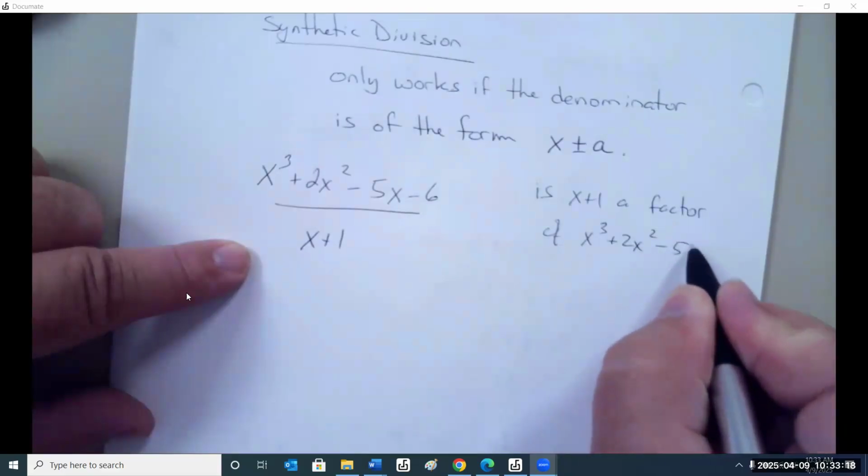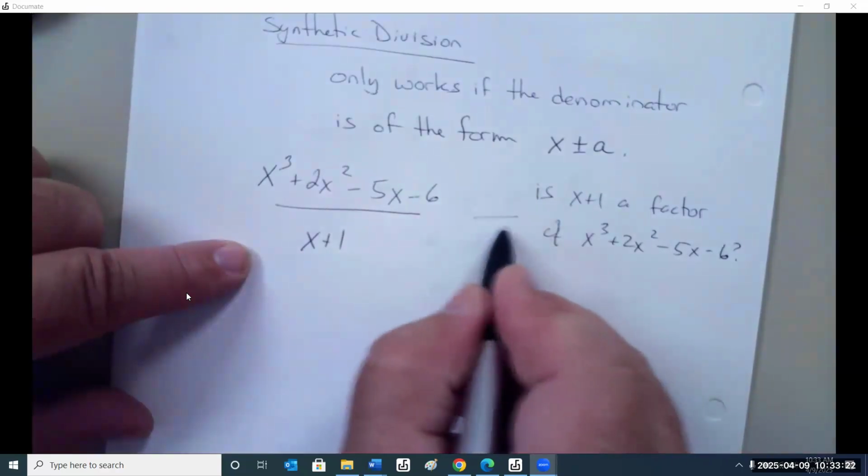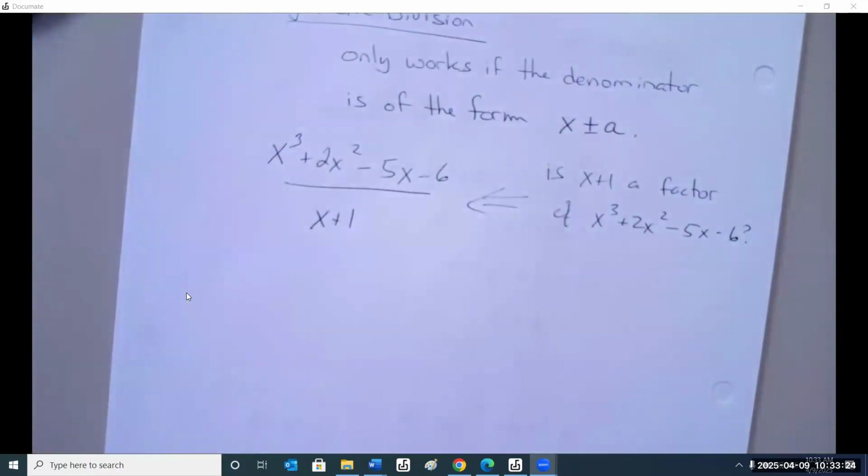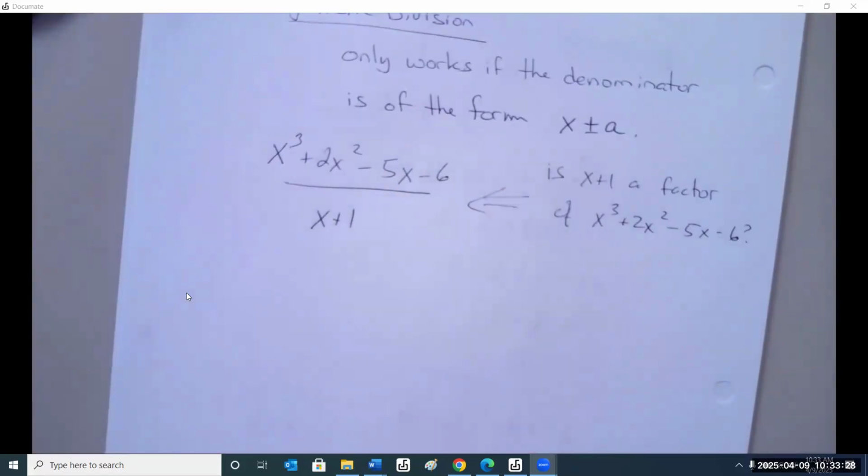That's how we'd set it up. So if I'm asking you if it's a factor, then I do division. Synthetic division doesn't work with letters, only works with numbers.